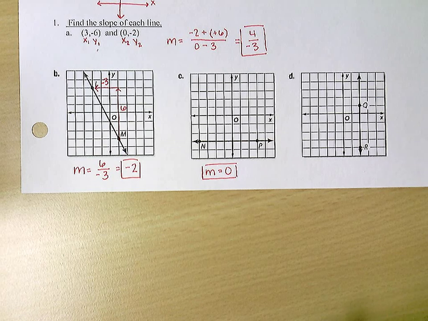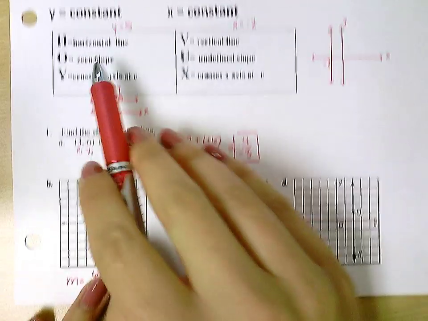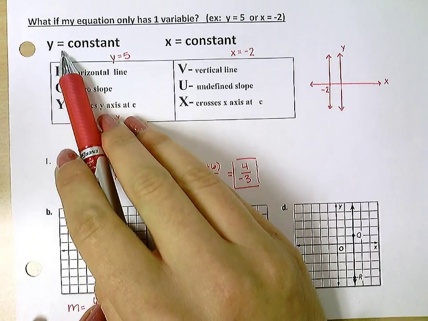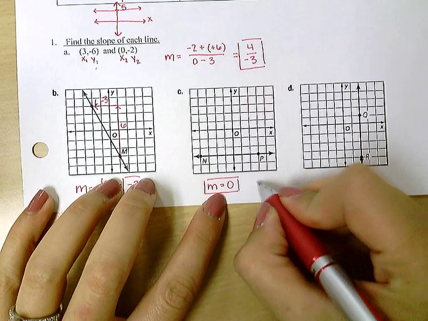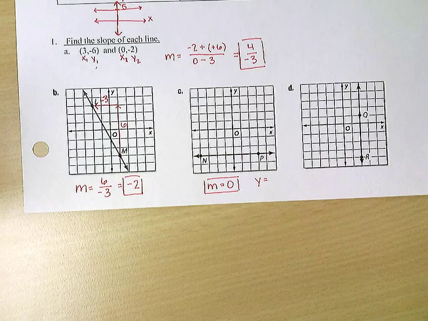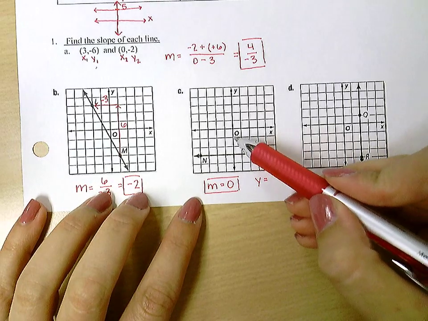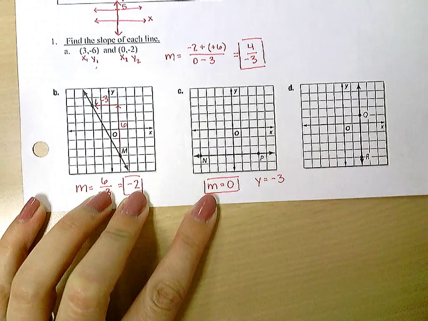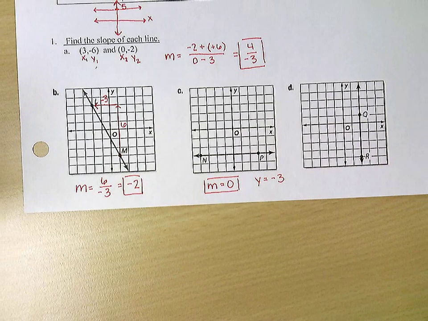It's y equals. So if it's horizontal, it's y equals, and it's where y is equal to a certain number. So I would go down 1, 2, 3. So y would equal negative 3. Now I know you didn't have to do that. I just wanted to remind you how you would write that equation.